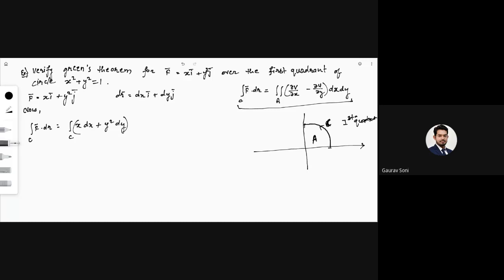X square plus y square equal to 1 क्या होता है? शौनक, what is x square plus y square equal to 1? अरे ग्राफ क्या निकलता है इसका? अगर तुम ग्राफ निकालोगे इसका तो वो क्या बनता है? That is my question.